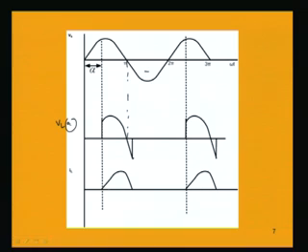So, the current waveform, if we see from this point, there will be conduction of current. So, current will start flowing, and after this point till this point also current will be flowing, and it will become 0 at this point.